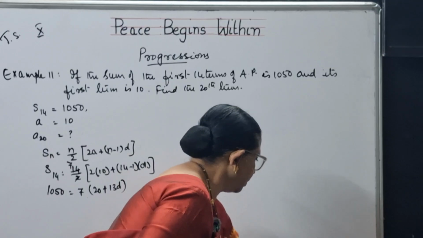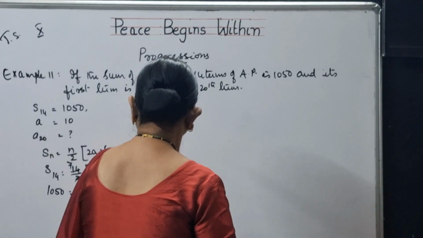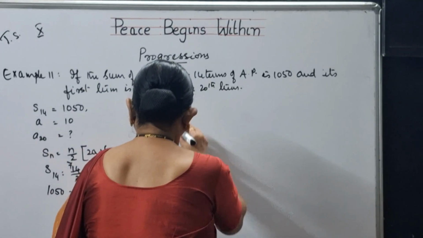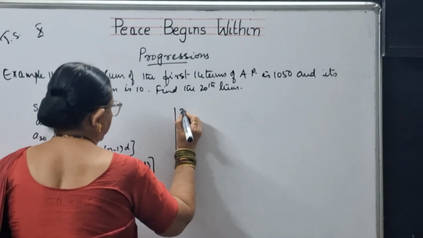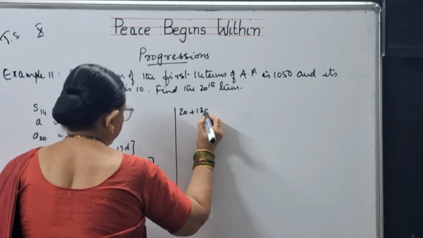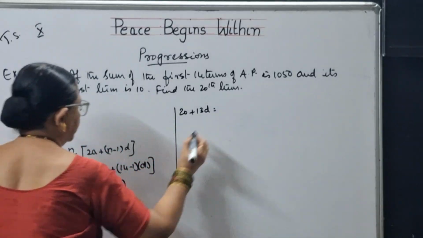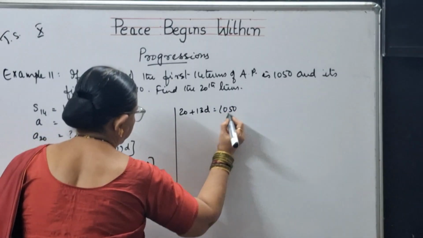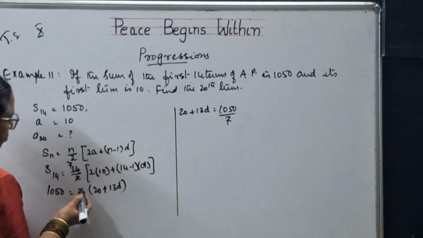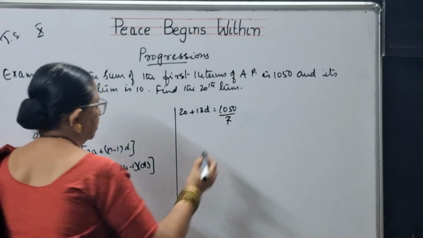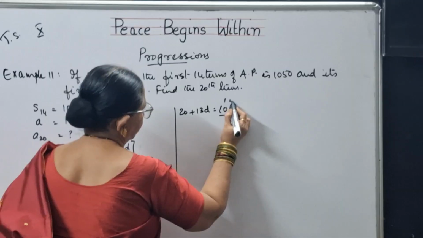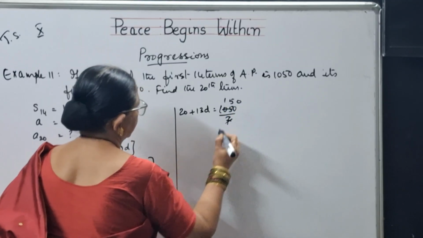That means 20 plus 13d is equal to 1050 by 7. Multiplication becomes division. 7 ones are 7, 7 fives are 35, 0.